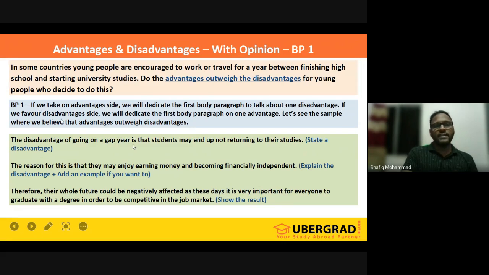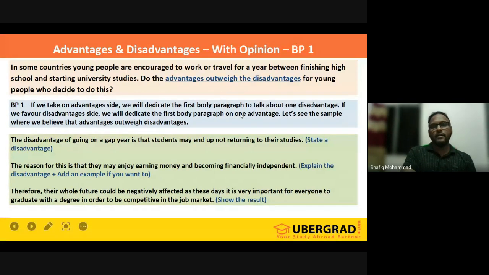If we favor the disadvantages side, we will dedicate the first body paragraph to an advantage. So it should be vice versa. If you are supporting advantages, obviously first you need to talk about one disadvantage in body paragraph 1.